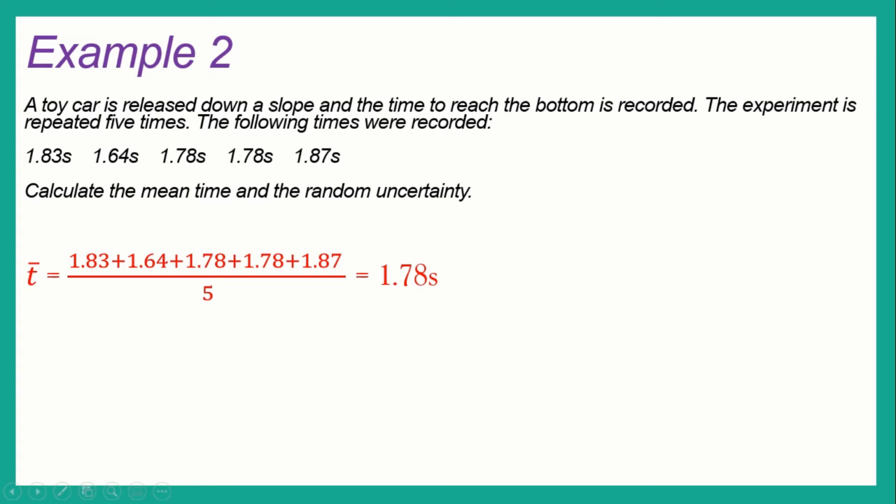To calculate the random uncertainty, again, pause the video, have a go. Alright, so we need to take our maximum value, which is 1.87, subtract our minimum value, 1.64, divide by 5 because we have 5 times, and that gives us plus or minus 0.05 seconds because we have rounded to the same number of decimal places as the times.